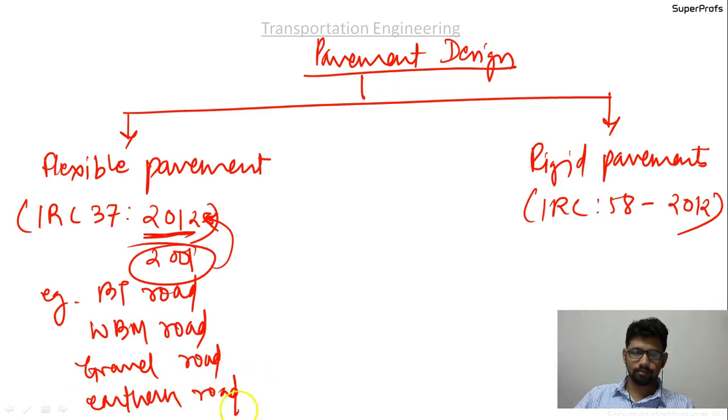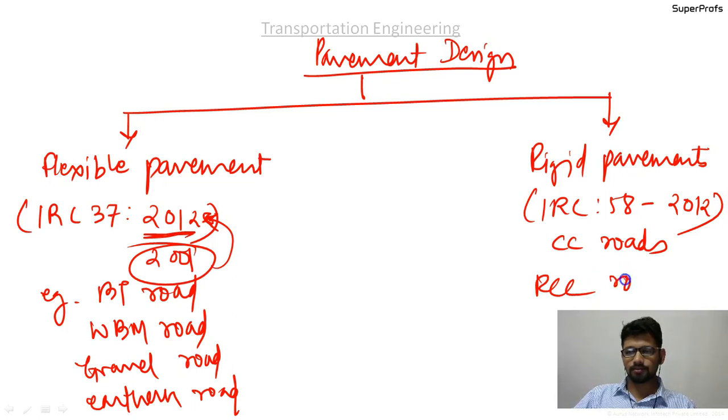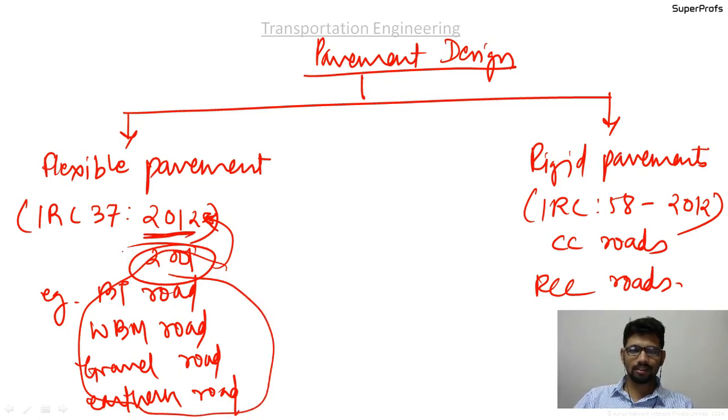And rigid pavements are CC roads and RCC roads. I hope you got to know: the black colored roads are usually the flexible pavements. The tar roads are flexible pavements. The kacha roads are flexible pavements, and rigid pavements are CC roads and RCC roads.